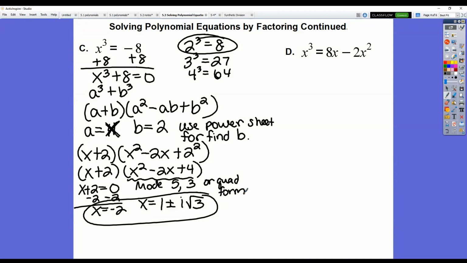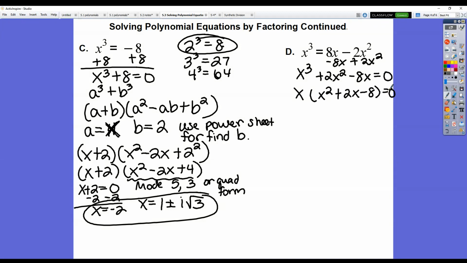Okay, the next one. Get the right side to equal 0. We're going to take out an x. And then figure out what multiplies to -8 and adds to 2. Well, that's -2 and 4.